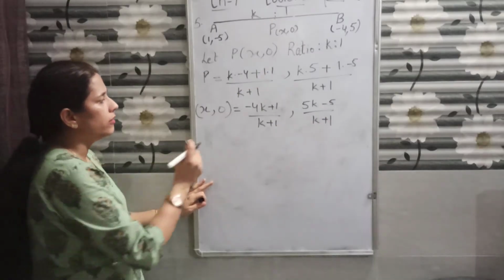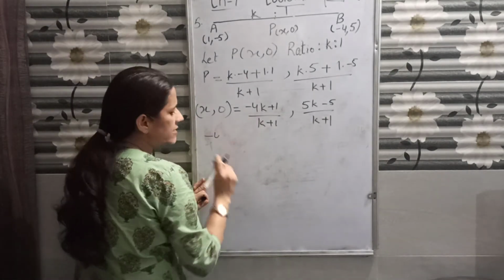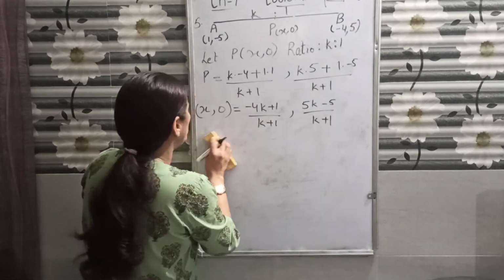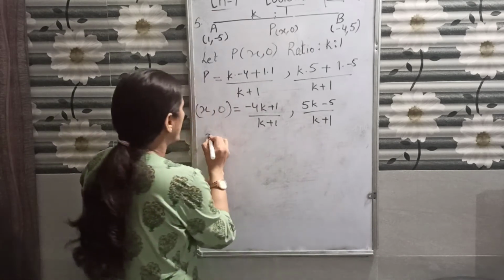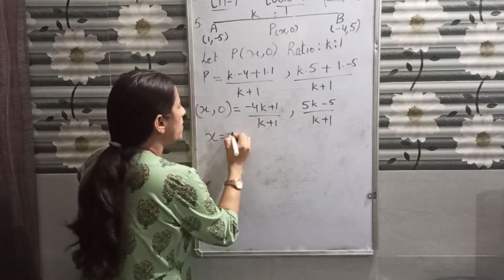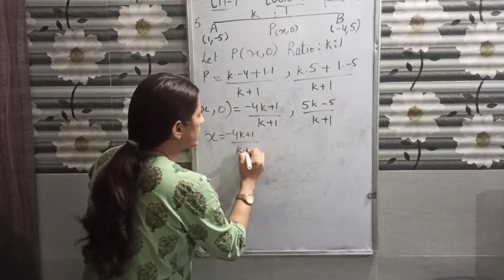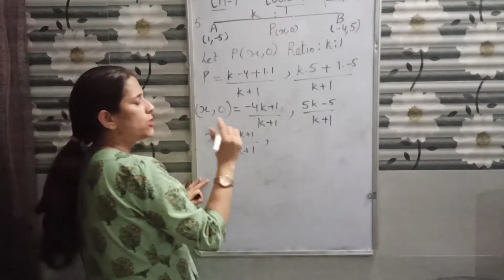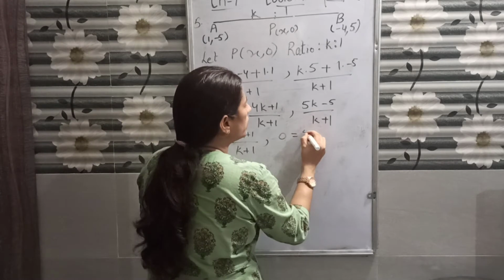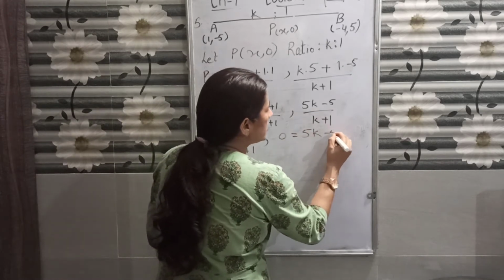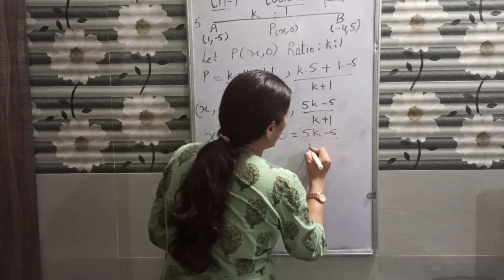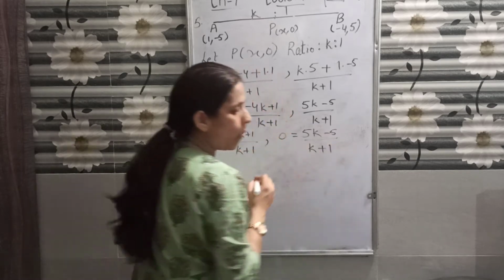We will compare. That is, x is equal to minus 4k plus 1 upon k plus 1, and 0 is equal to 5k minus 5 upon k plus 1.